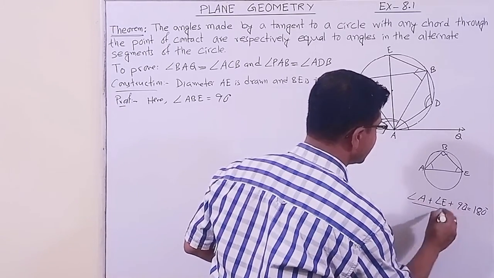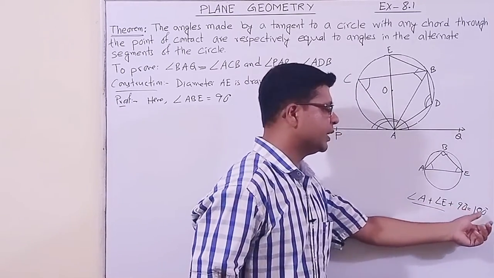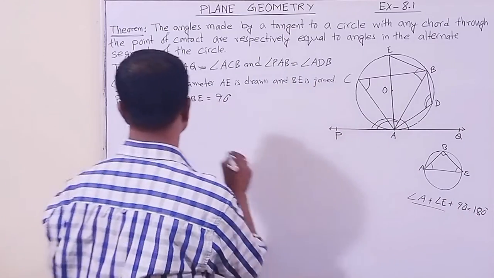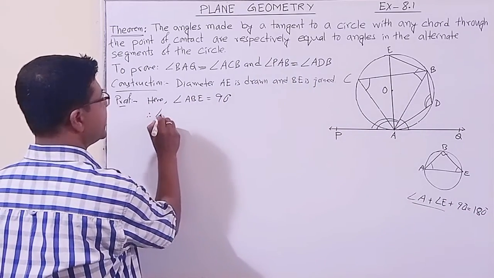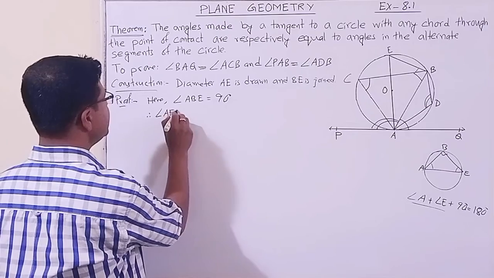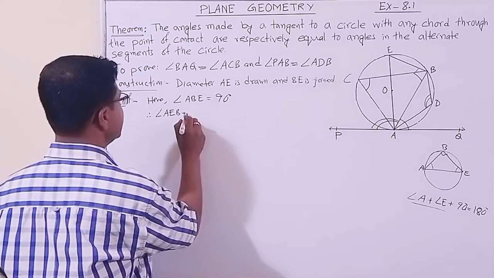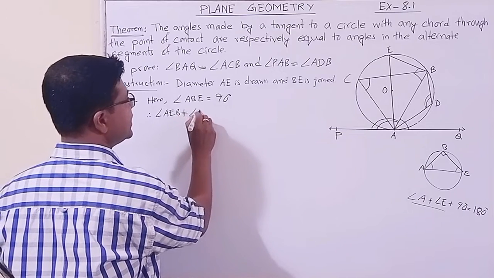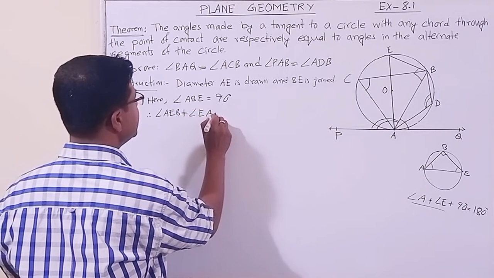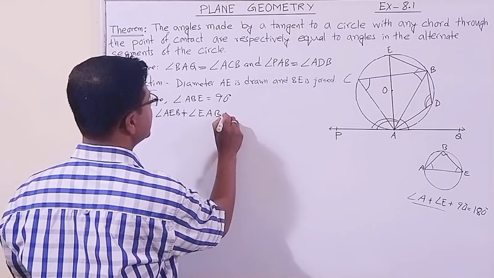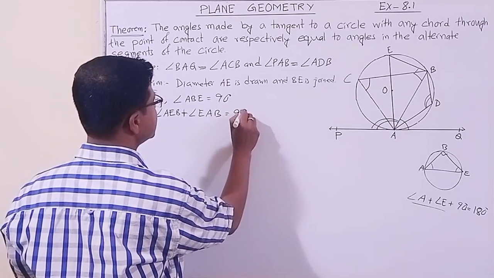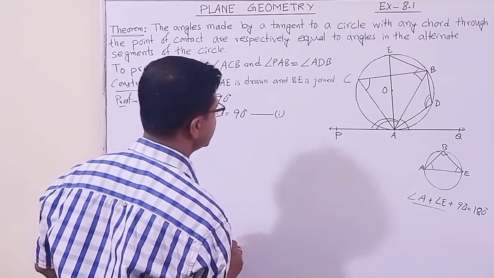So what is the sum of angle A and angle E? 180 minus 90 is 90 degrees. Therefore angle AEB plus angle EAB is equal to 90 degrees. This is equation 1.